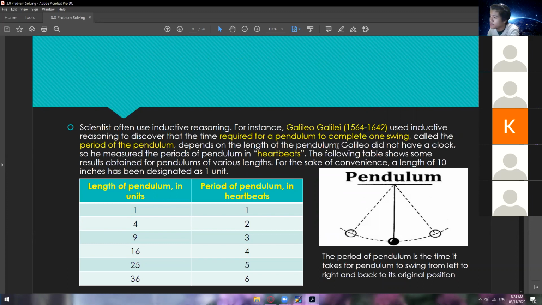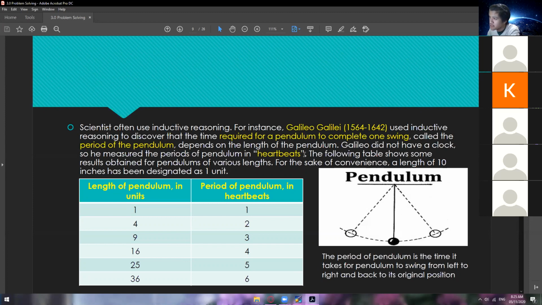He realized that the longer the pendulum, the more time per swing. Galileo did not have a clock, so he measured the periods of pendulums in heartbeats. The following table shows some results for pendulums of various lengths. For convenience, a length of 10 inches has been designated as 1 unit.